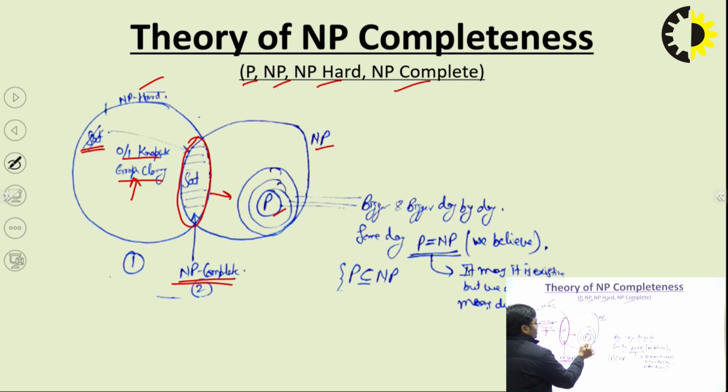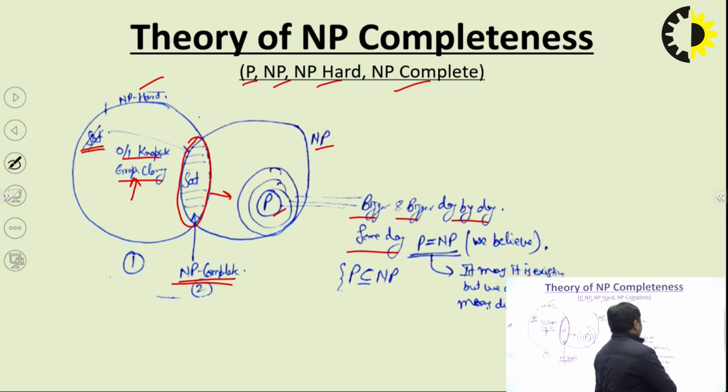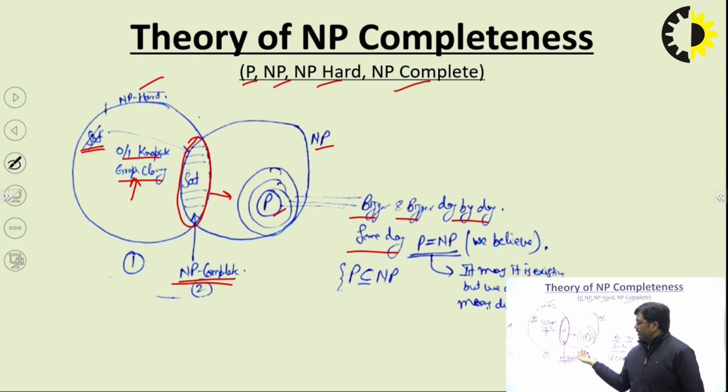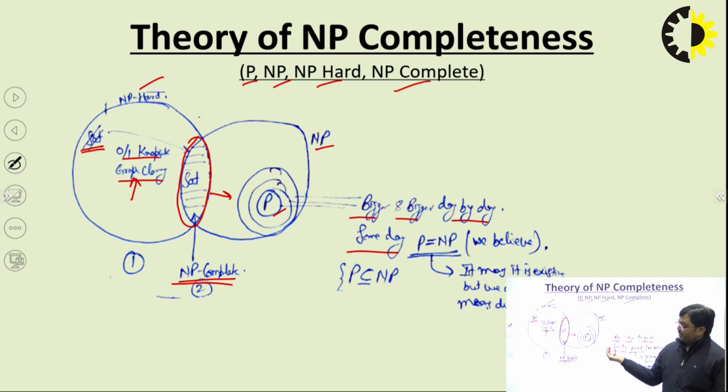Means P class algorithms are increasing day by day, bigger and bigger, and someday we can say P is equal to NP. Means some problems come directly from NP hard to NP complete, then to the P class.